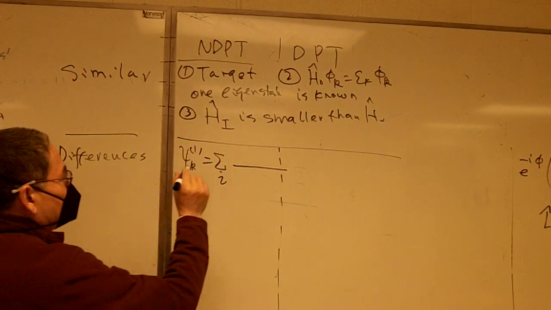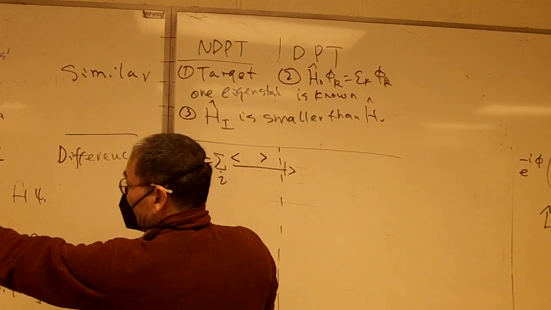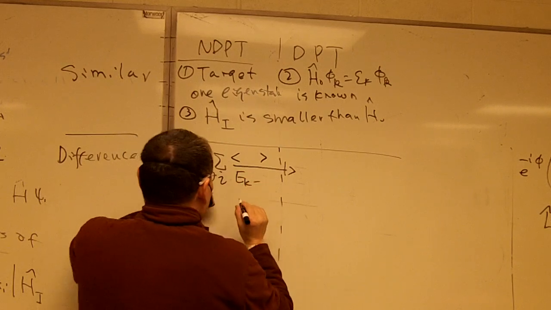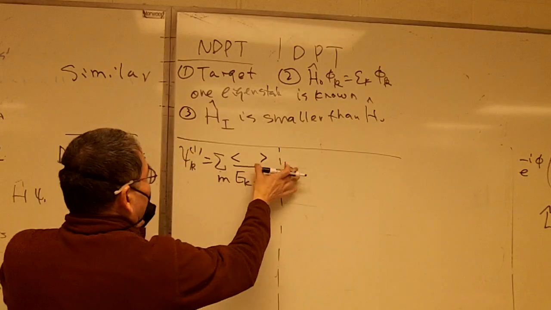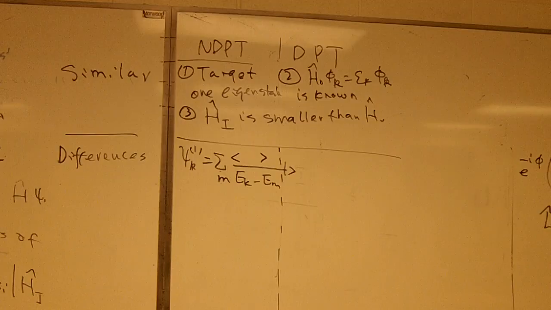In other words, that's the first order corrections, like these brackets. Please use the one on the right hand side, and then you have EK. Here let's use M and EM like this. So all these matrix elements are written over there. I'm not going to repeat. So that's the first order.